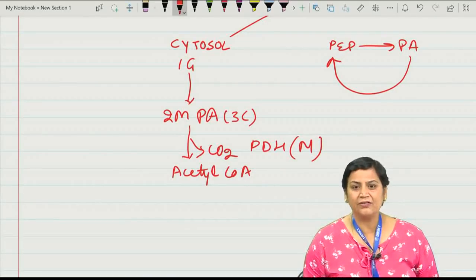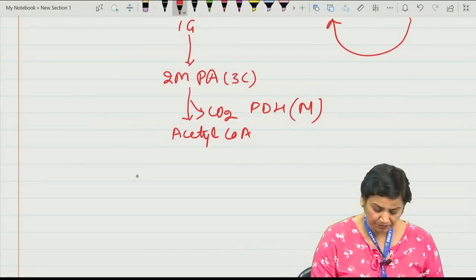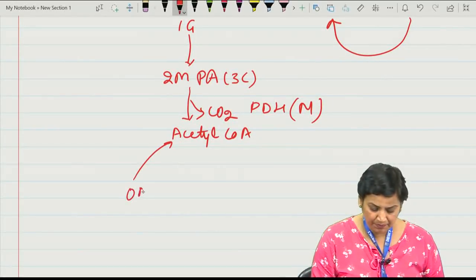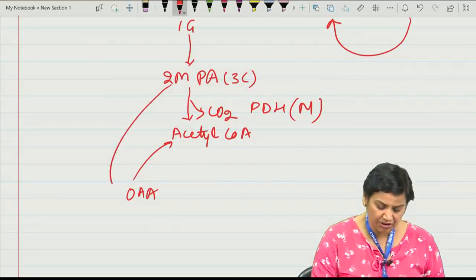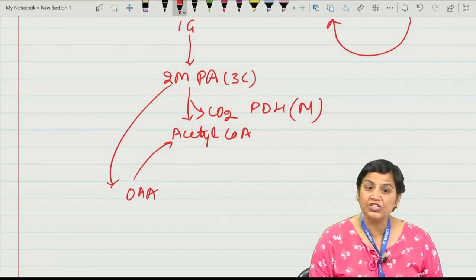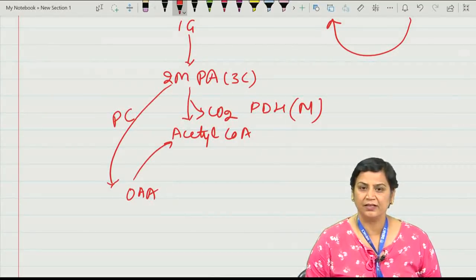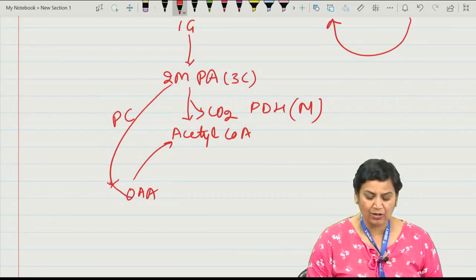Now this pyruvic acid which is already there in the mitochondria will undergo carboxylation in the presence of the enzyme pyruvate carboxylase, forming oxaloacetic acid.